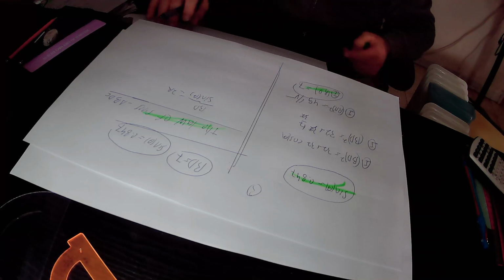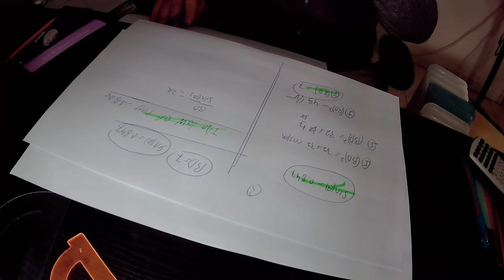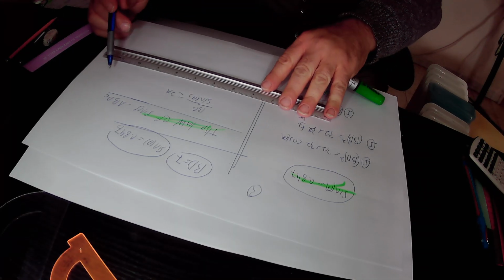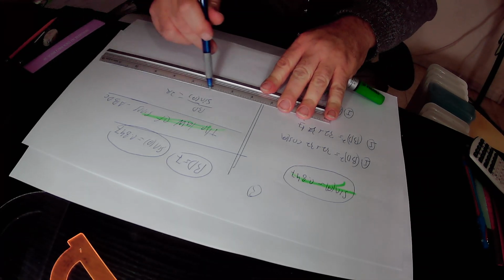So according to the law of sines in triangle BDC, the lower triangle BDC, BD over sine theta equals 2R.